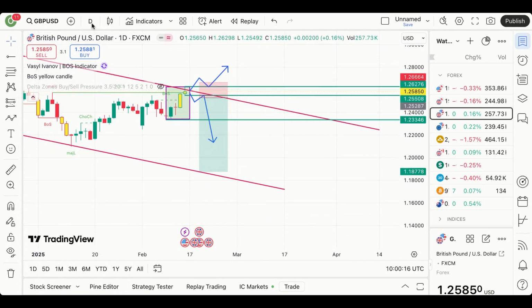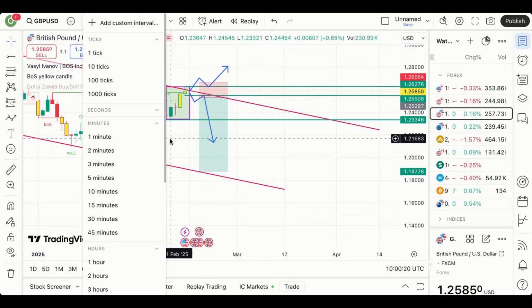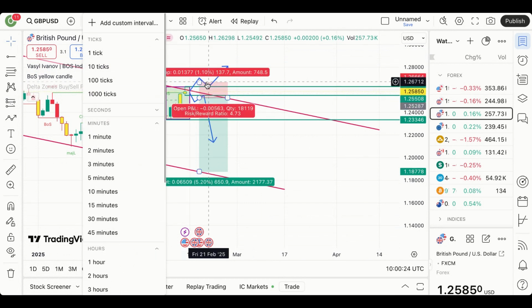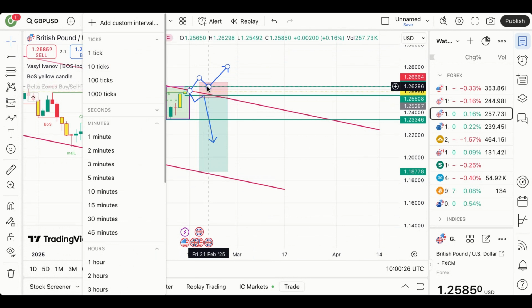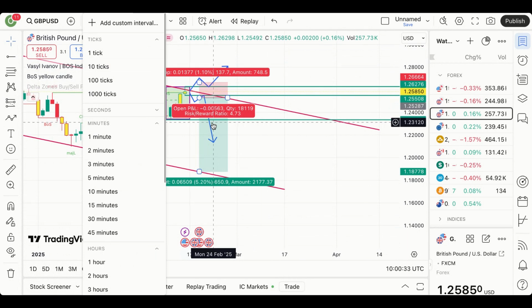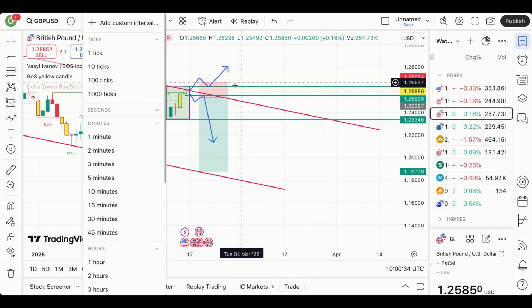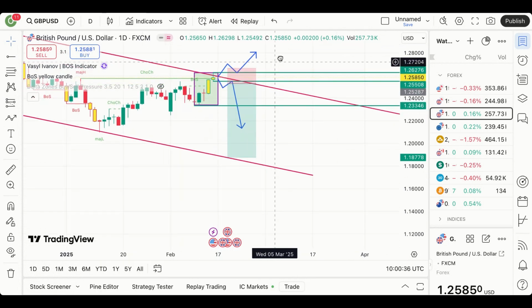But let's look at how we should enter this trade next week. Basically, I'll stay away for now until it breaks this end. If it does not break this end, I will not trade. I'll not look for uptrend to trade. I will look to sell, not to buy.